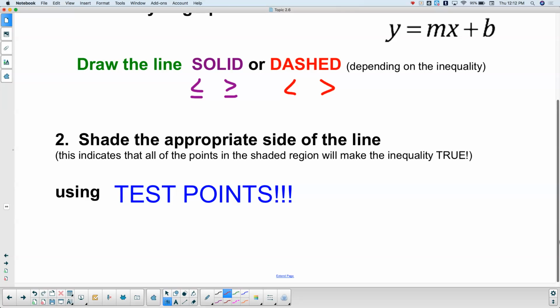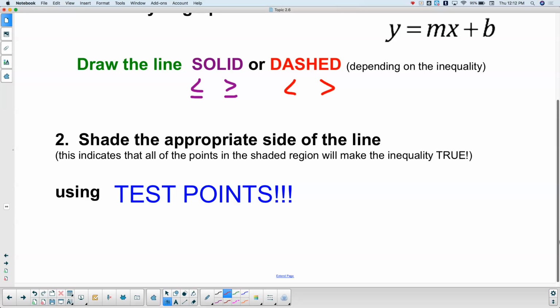Okay? And how we go about shading the appropriate side is we use test points. Okay? And I will show you different styles of test points as we go through. Okay? A test point is simply just that. It's a point that you put back into the original inequality and you test the truthiness of that inequality.